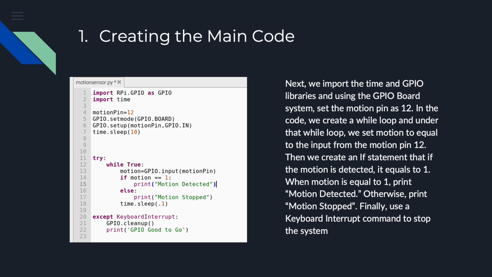In the code, we want to create a while loop, and under that while loop, we want to set the motion to equal the input from the motion pin 12. Then we can create an if statement, so when the motion is detected, it is equal to 1. So when motion equals 1, we can print motion detected, otherwise we can print motion stopped. Finally, we can just use a keyboard interrupt command to stop the system.